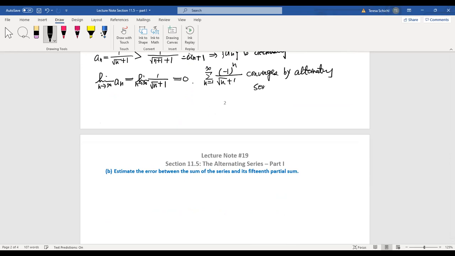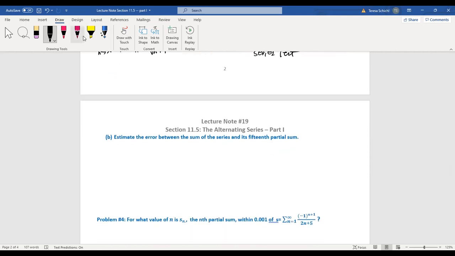Okay, now let's estimate the sum of the series using the 15th partial sum. That means I'm estimating S minus S15.